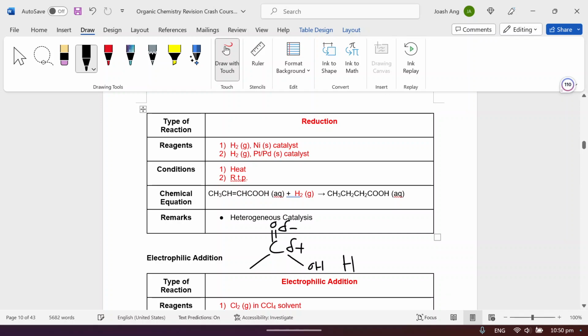So the hydride anion will attack the carbonyl carbon and this will form this tetrahedral intermediate right here. Okay, so after this, then you would use water.